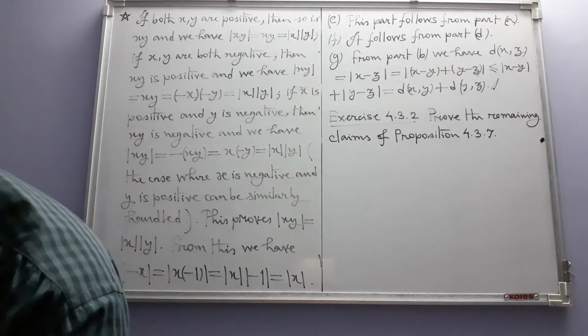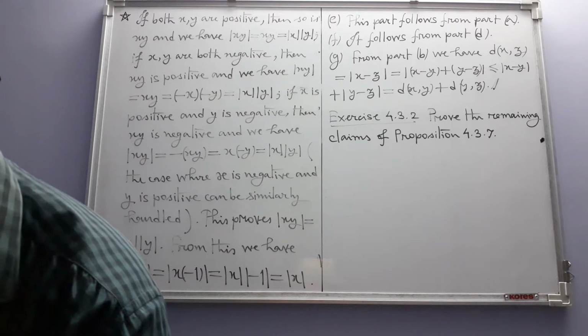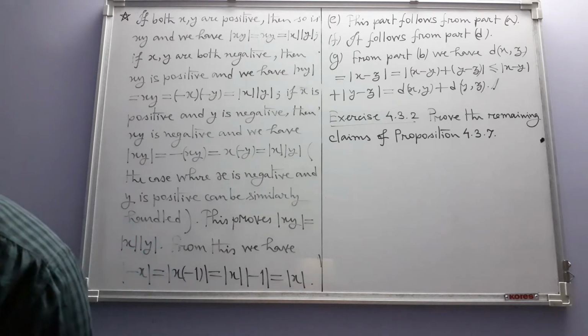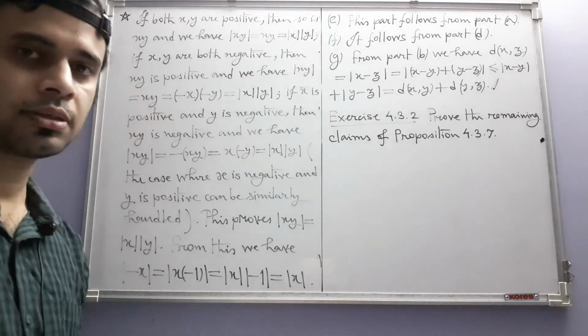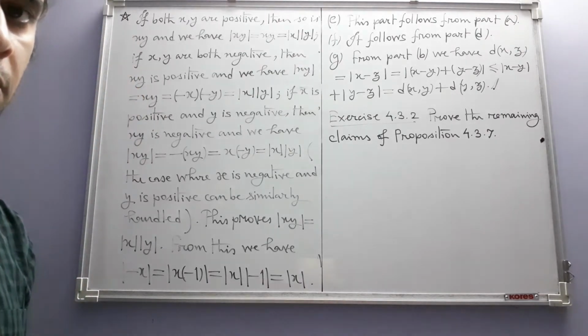Okay, so we start by recalling the parts of proposition 437. Proposition 437 involves properties of epsilon closeness.